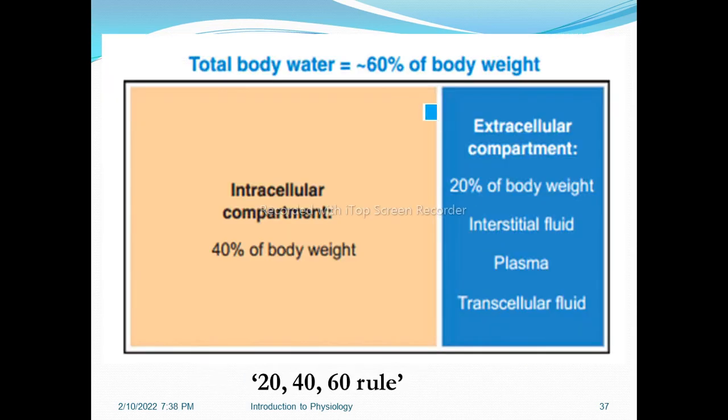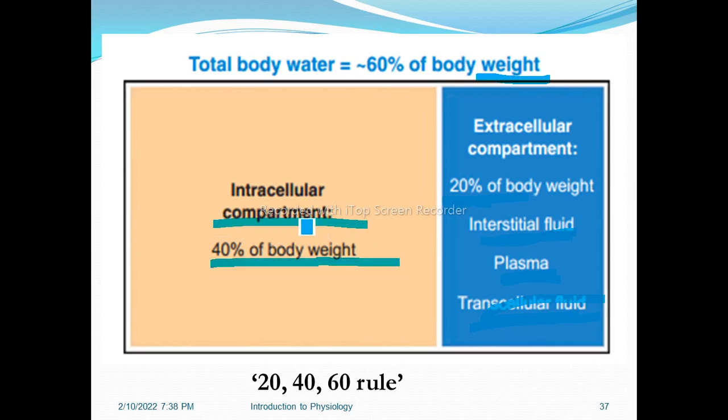So total body water is 60% of the body weight. 20% is extracellular fluid. This 20% is interstitial fluid, plasma, and transcellular fluid. Transcellular fluid is a special type of extracellular fluid. These three things weigh about 20% of the body weight, and the intracellular compartment is 40% of the body weight.